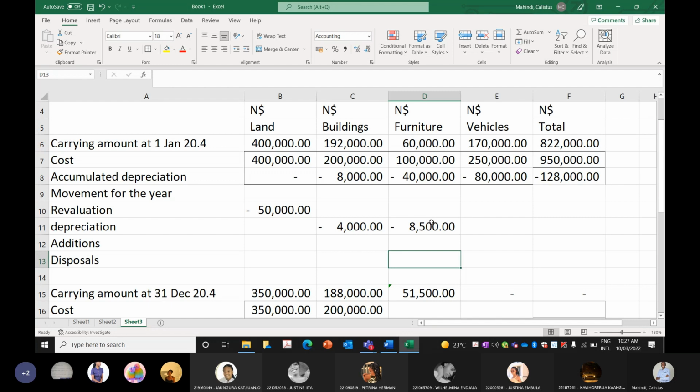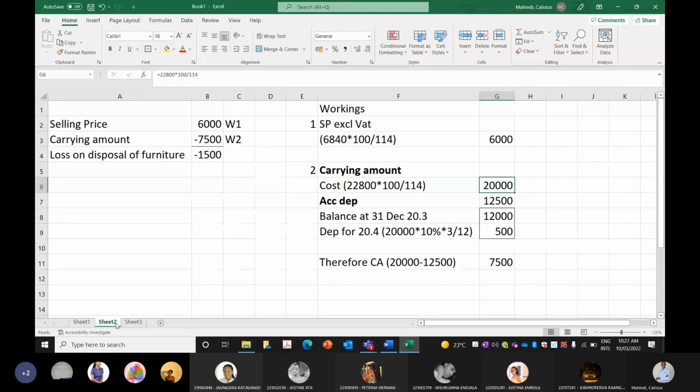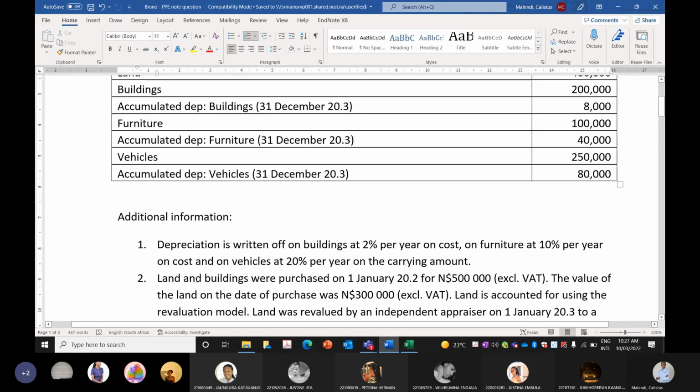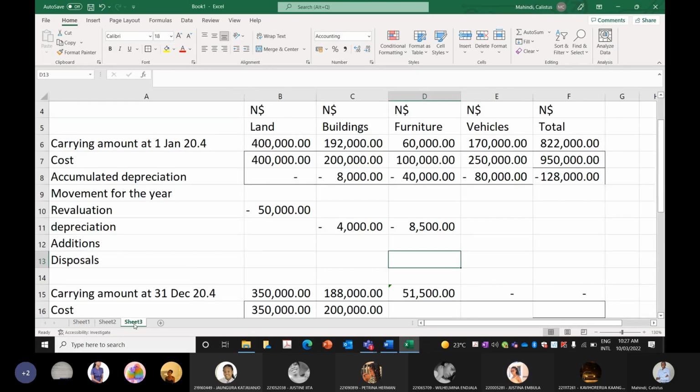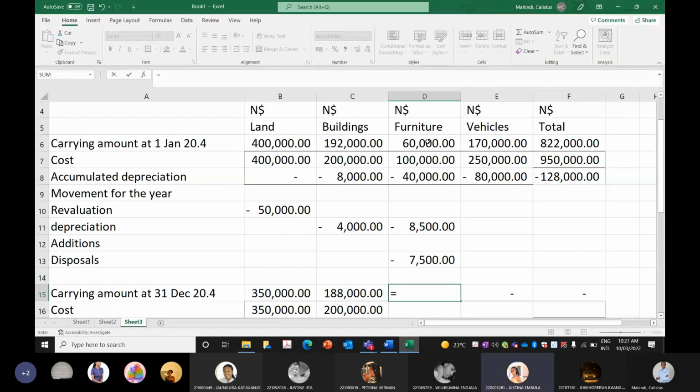The carrying amount of the furniture that was disposed was 7,500. So we have to remove the 7,500, the carrying amount of the furniture disposed. So you take your carrying amount at the beginning minus your depreciation minus your disposal.